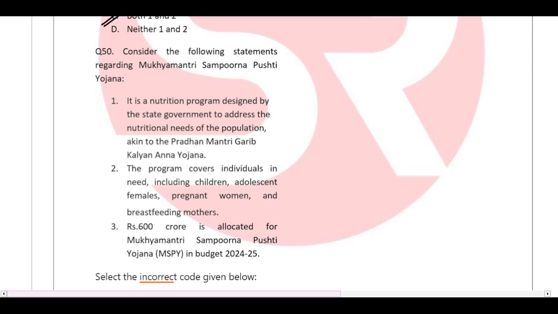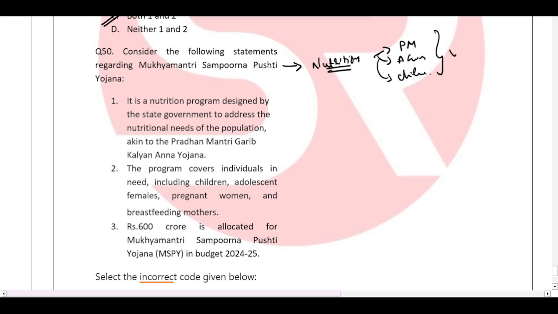Mukhyamantri Sampurna Pushti Yojana. So the scheme is about nutrition, in order to improve the nutrition in the state, especially for pregnant mothers, adolescent girls, and children.